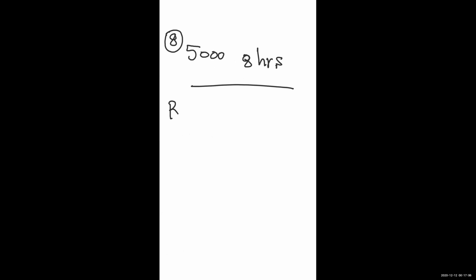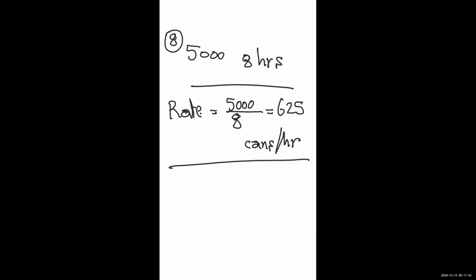So the production rate will equal 5,000 over 8, which equals 625 cans per hour. Okay, great.